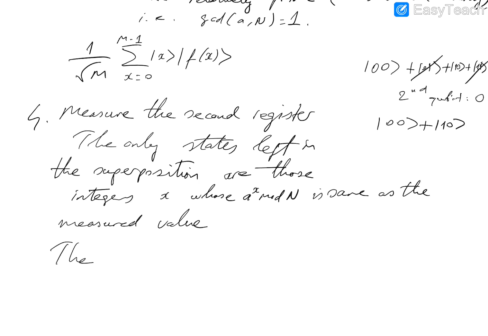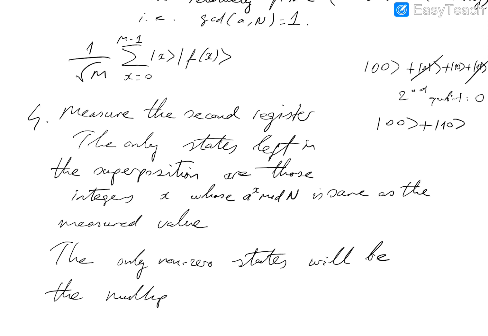So the only non-zero states, that is states with non-zero amplitudes, will be the multiples of r plus some offset t.